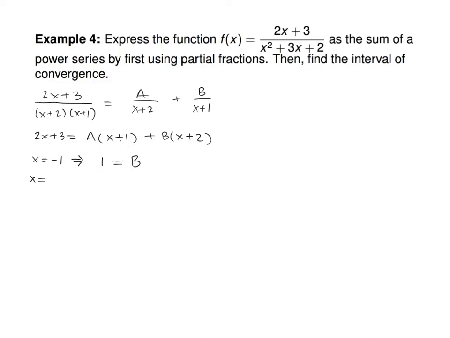What's the next number I plug in? 2. And when you plug that in on the left side, you have -4 plus 3 makes -1. Great. Equals, I think this is just a times -1. So that's nice. A is also 1.